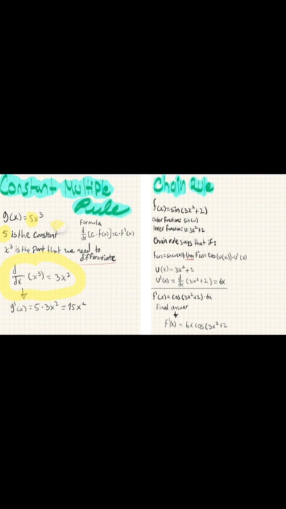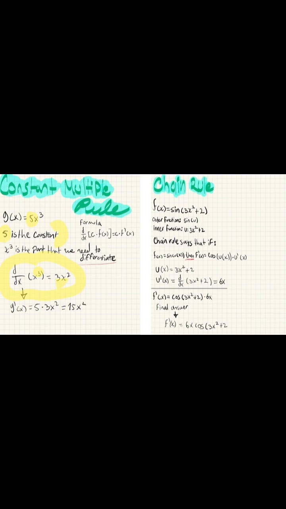We already did it, the constant is 5. Here the 5 doesn't change with x, so we can treat it like a tag along. Then we're going to differentiate the power. The general power rule says that we have to take the third power and bring it down next to the x.